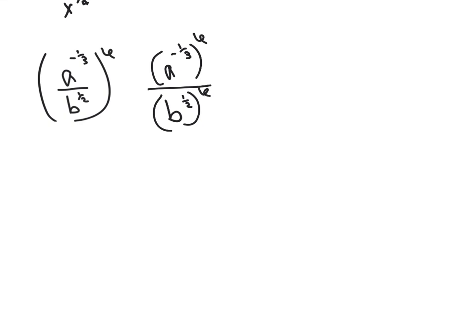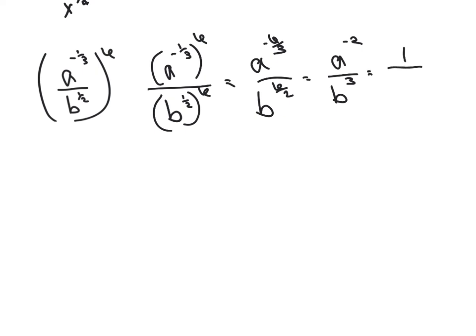And then we can just go ahead and multiply and get a to the negative 6 over 3 over b to the 6 over 2, which equals a to the negative 2 over b cubed. And if you want to get rid of that negative sign, this would be 1 over a squared b cubed, because remember, this just means that the a and the squared are in the wrong place, so we move it down.